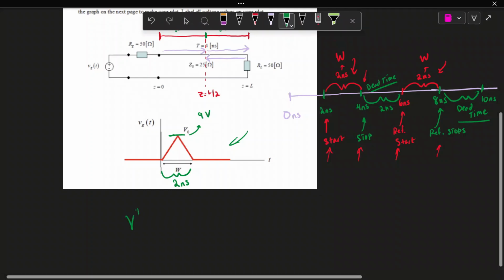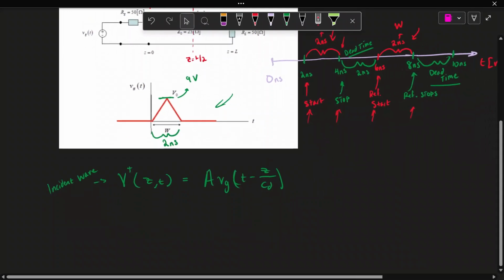So V plus, which is our incident wave, the initial wave, and of course this is a function of position and time, is going to be equal to A Vg of t minus the position divided by the velocity in the dielectric.